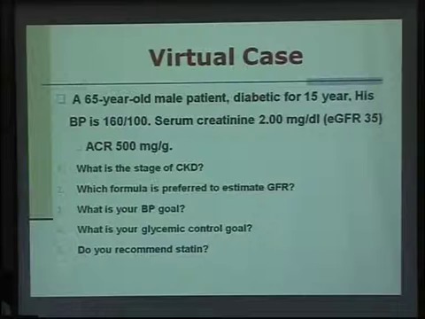This gentleman has chronic kidney disease, stage 3B, A3. So always consider the stage according to estimated GFR and albuminuria staging. So this patient has chronic kidney disease, stage 3B, A3.